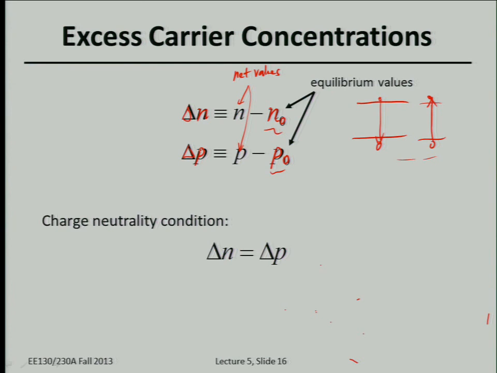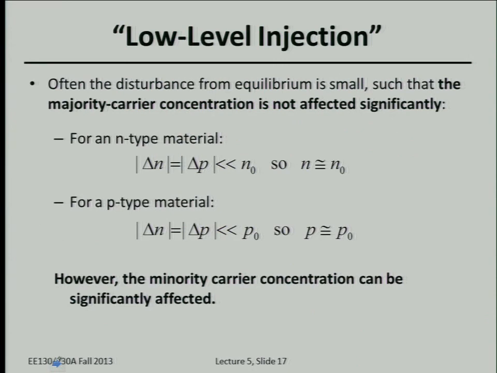Also, throughout the system, I still need to apply the charge neutrality rule, so that my delta n should be balanced with delta p, right? Because those carriers are generated in pairs. Once you create an electron, you always create a hole. So basically, those disturbance terms should have the same value between electron and hole, due to them doing things in pairs.